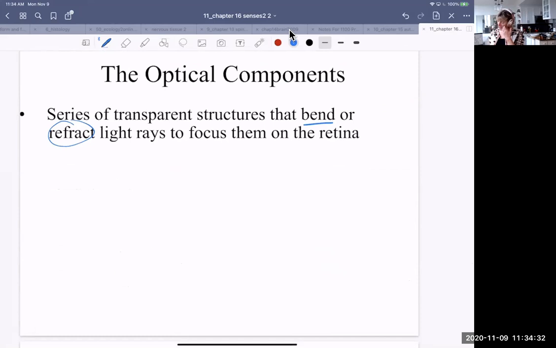When light is entering the eye, what is the first optical component? So here's the eye. So that's the cornea. Good, yeah, the cornea.